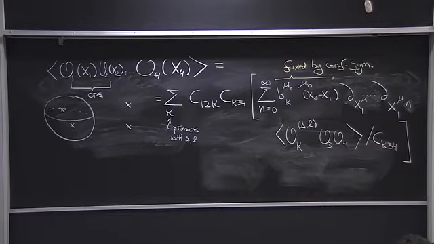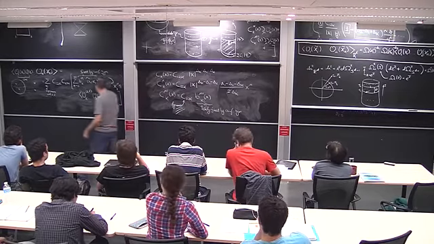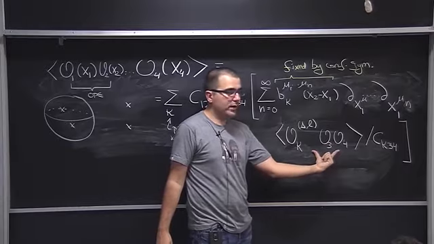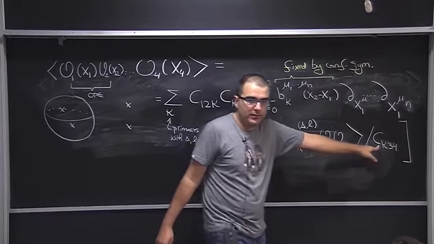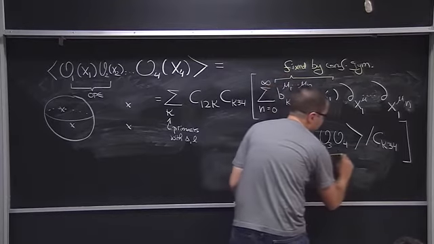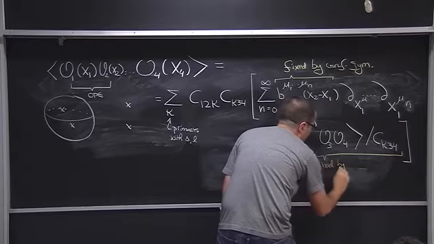This is B without indices, B with one index, B with two indices, and so on. What about the 3-point function? The 3-point function is fixed by conformal symmetry up to a number, but we divide by that number. So this stuff here, divided as it is, is also totally fixed by conformal symmetry.